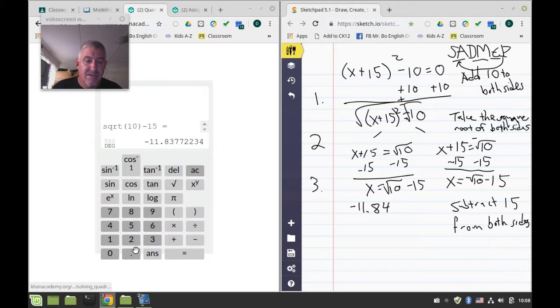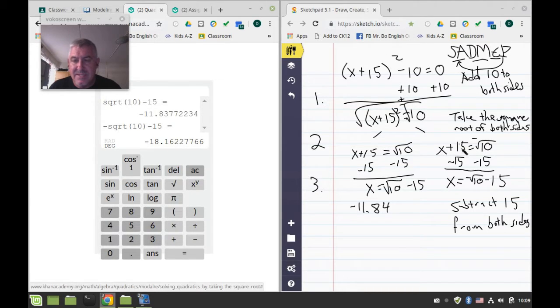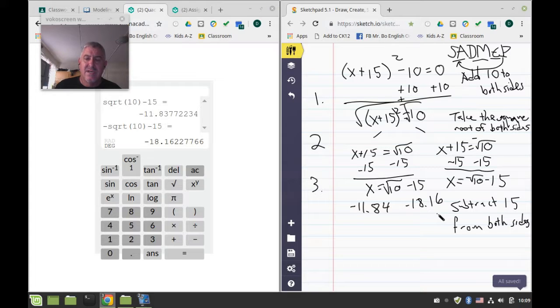And the other choice is negative, negative square root of 10, and close those parentheses, minus 15. And then we've got negative 18.162, and we're going to round that to 1/6. Okay.